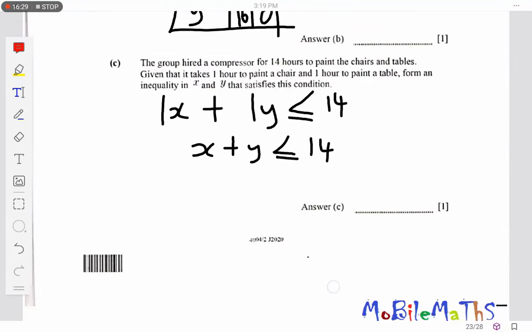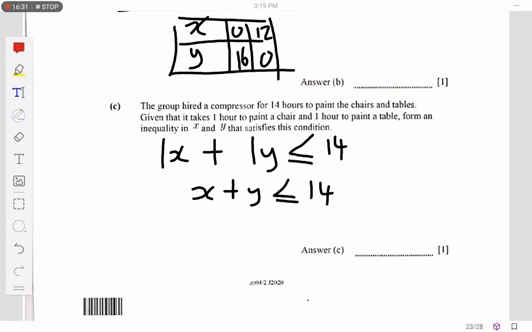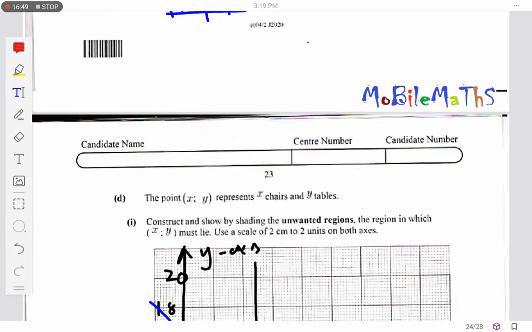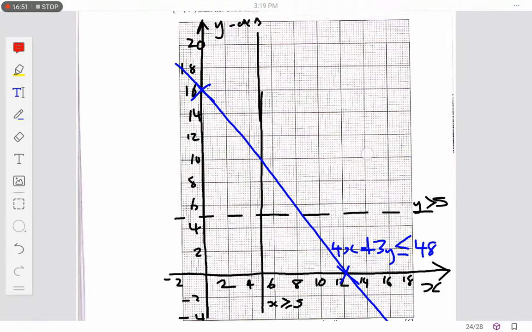The next one is saying x plus y is less than or equal to 14. So we can do again the x and y zeros there. When x is 0, y is 14. When y is 0, x is 14 there. Okay, so those are the points that we have. Let's draw this one.